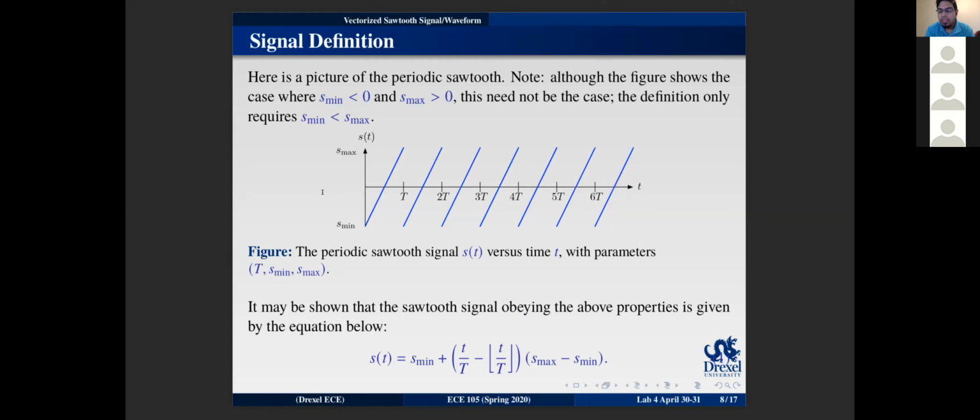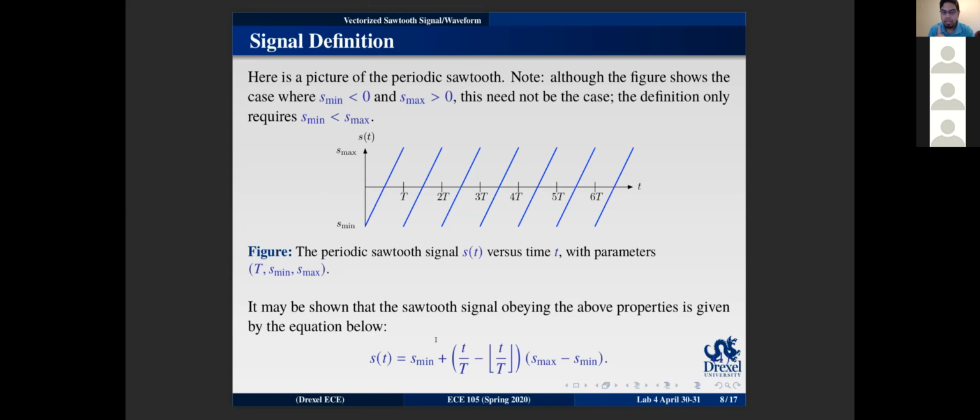Now, the fraction of time that I've elapsed is t over capital T minus the floor of t over capital T, which means the total amount of time that I've elapsed minus the intervals that I've crossed. That would give me the fraction of time in the interval that I've elapsed.